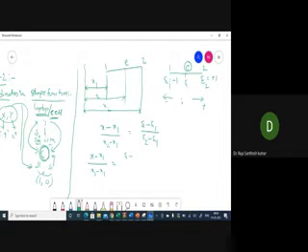Now what I am doing here: x minus x1 divided by x2 minus x1. Same I am taking here, xi minus xi1 divided by xi2 minus xi1. It is node 1, so it is xi1.